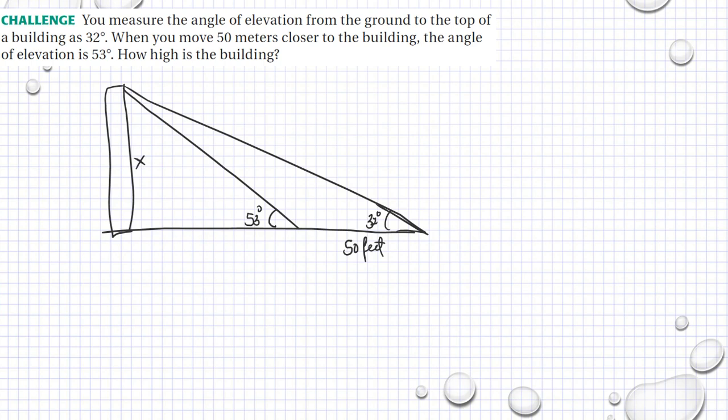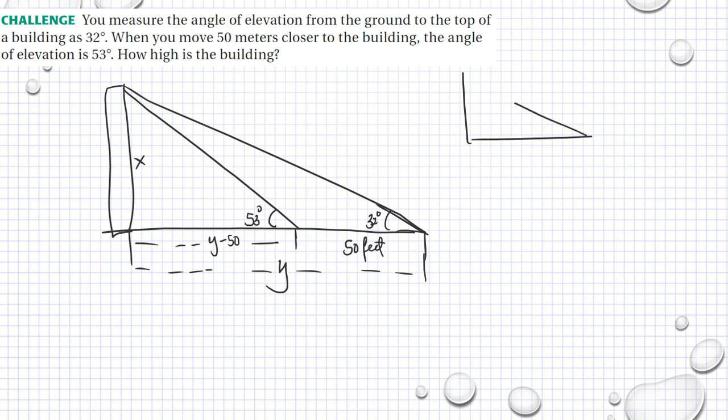Okay. So if the whole distance is, we call it y, then this distance should be y minus 50. If we're going to use two triangles, then the first triangle looks like this.